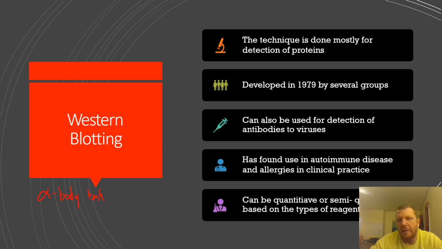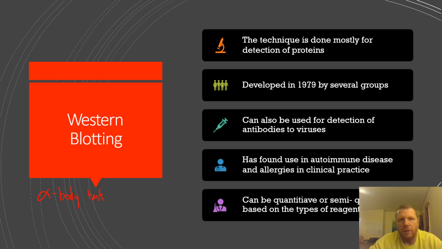This is definitely a technique that is used for an antibody test. So if somebody's had a virus, COVID-19 for instance, whenever people are talking about the so-called antibody test, what they're talking about is a Western blot. The alternative test that people seem to be talking about quite a bit is the real-time PCR test.